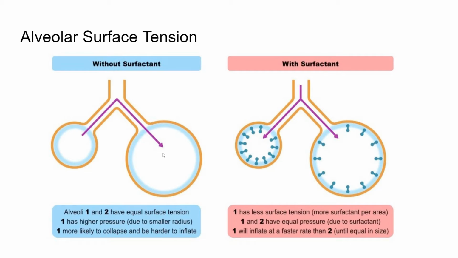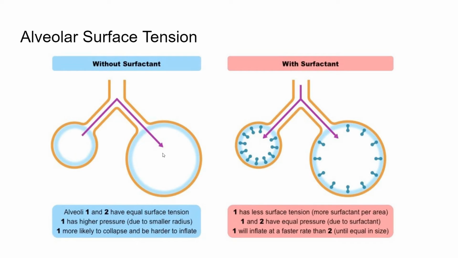And surfactant is like a detergent-like lipid and protein complex, and this helps to reduce the surface tension of this alveolar fluid, and this prevents several things, because when the surface tension is too high, it can actually cause those alveoli to collapse, which would not be good. Basically causes them to kind of just disappear.